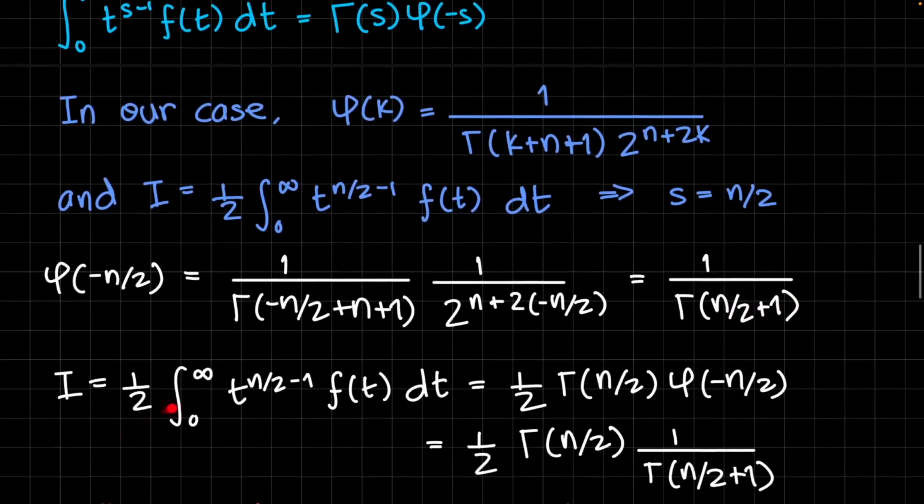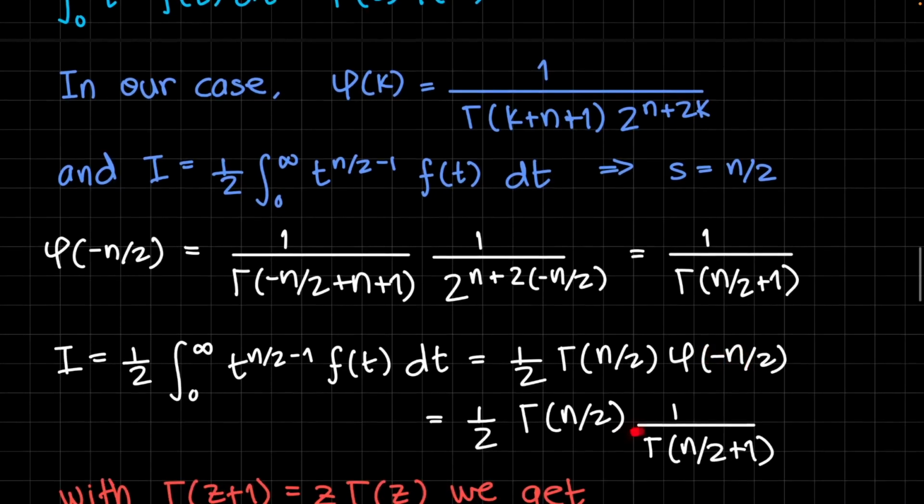Our integral was 1/2 integral 0 to infinity t to the n over 2 minus 1 f of t dt. So that's 1/2 gamma of s, and s was n over 2, times phi of negative s, which is negative n over 2. And that gives 1/2 gamma of n over 2 times 1 over gamma of n over 2 plus 1, because we calculated what phi of negative n over 2 is.